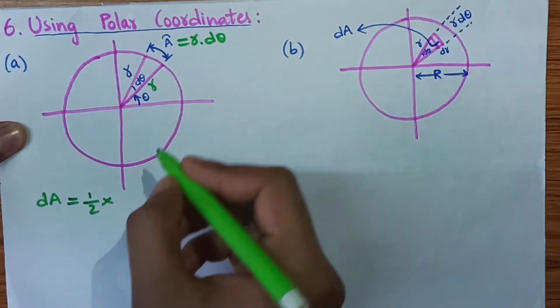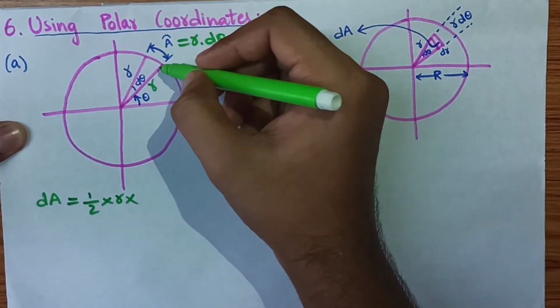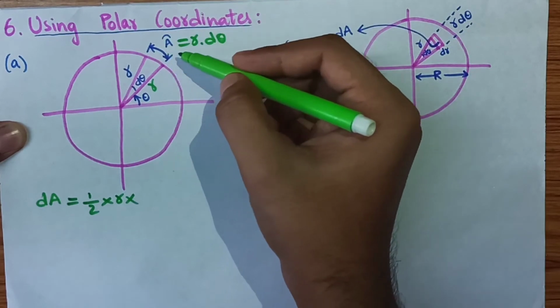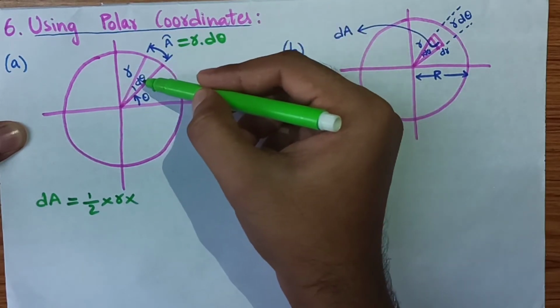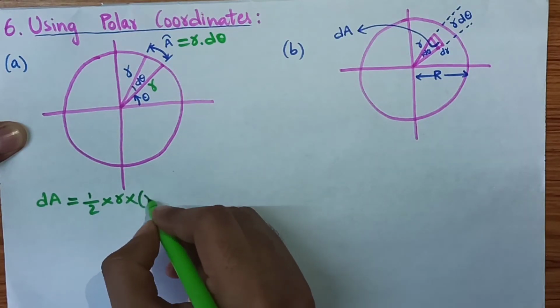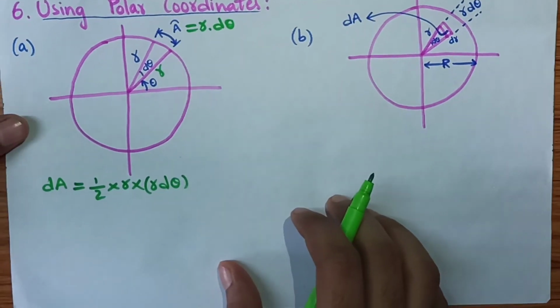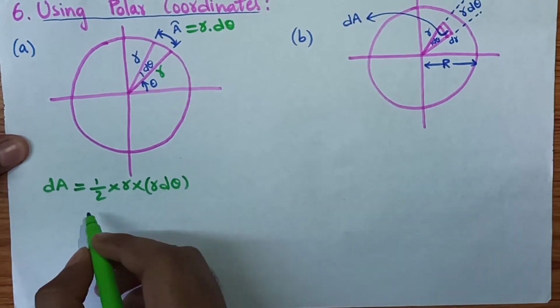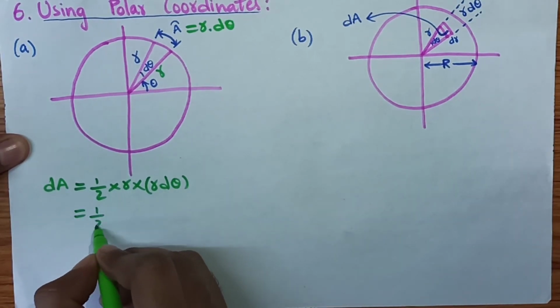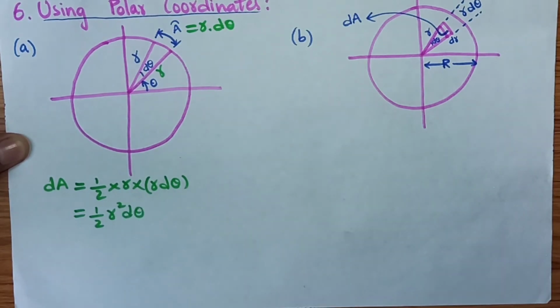Half into our base, which is r, into this height. I'm taking it as the arc length, so arc length is equal to the radius into that angle, r into d theta, so that will be r d theta. So now the area of this small sector will be half r square d theta.